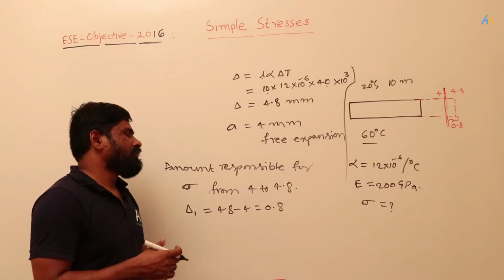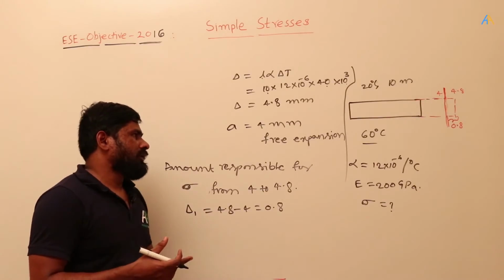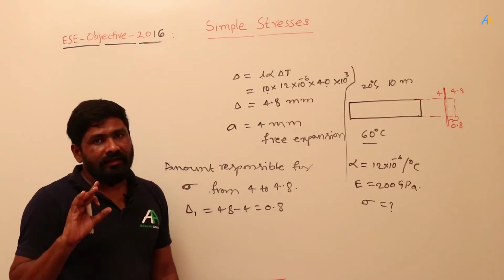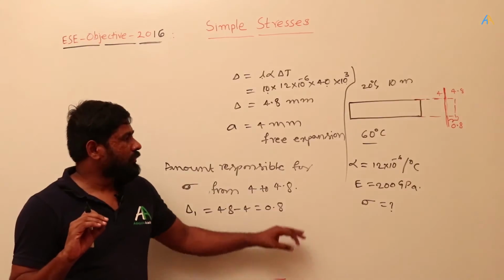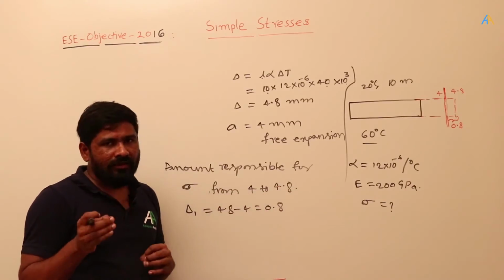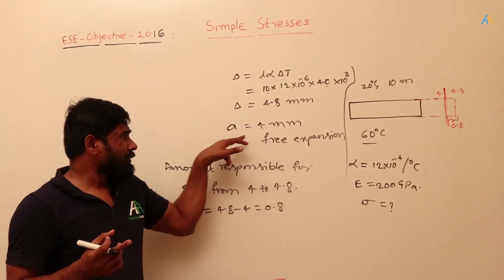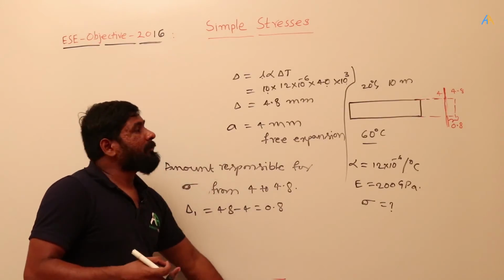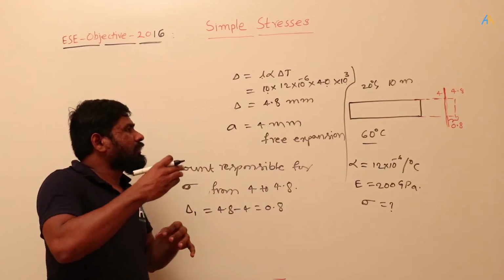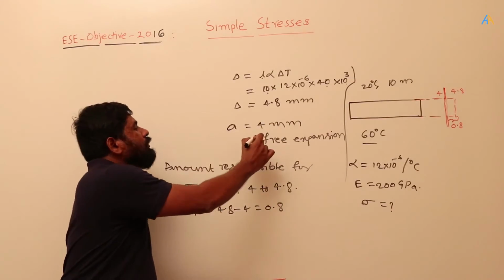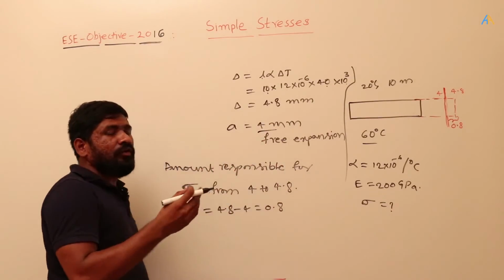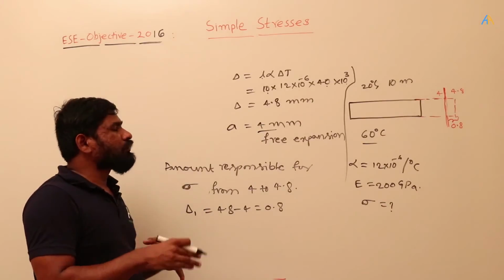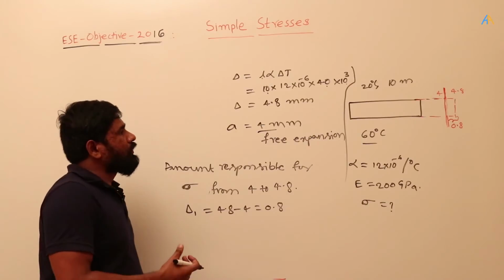See, when we raise the temperature of the body, instead of 4.8, if it is expanding only 3, is there any possibility of producing stress? No. Why? Because the body is allowed up to 4 mm free expansion. But whenever the body is expanding beyond the allowable 4 mm free expansion, then only it will produce stress, and we need to consider only that extra elongation.